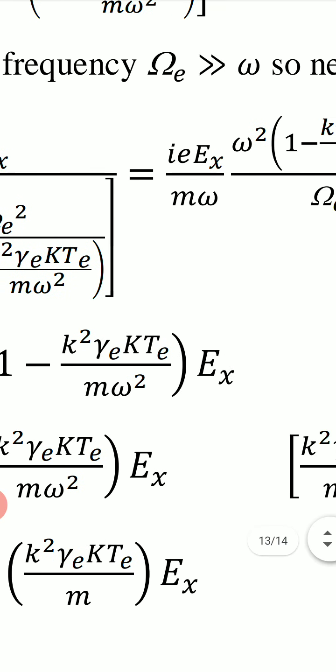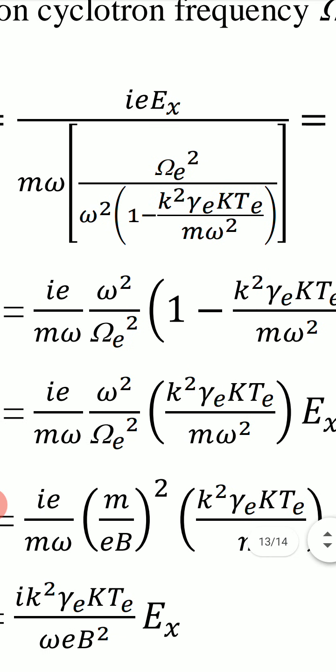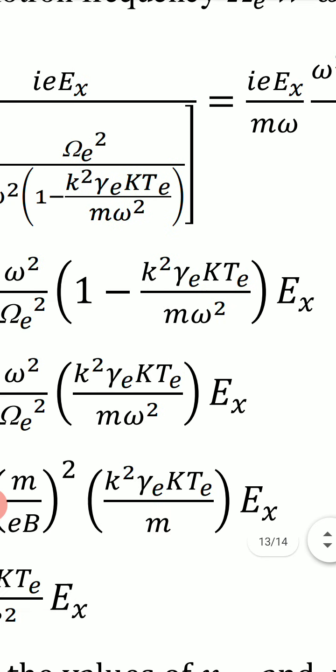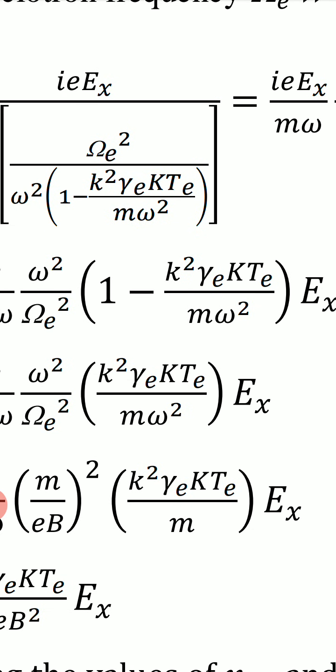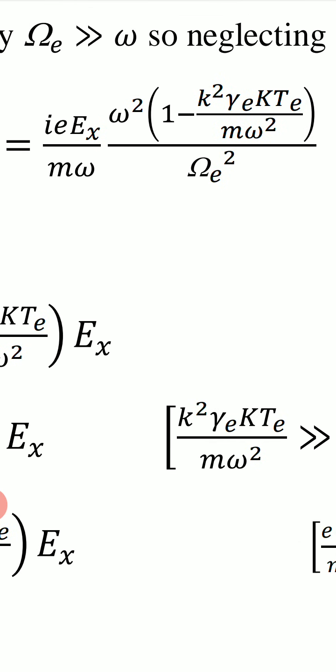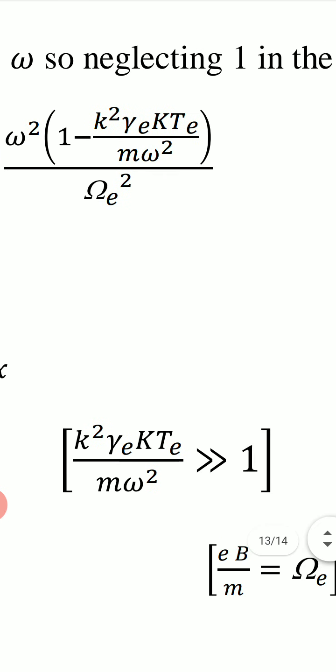This bracket term is now written in this way. The term in the denominator now becomes the numerator, and it becomes omega square into 1 minus k square gamma e k Te upon m omega square, upon omega e square.